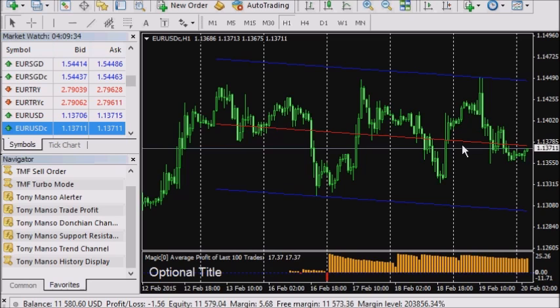It's basically a formula that determines, based on the open price of all of these bars, what is the most likely direction that these prices have been moving over that period of time.